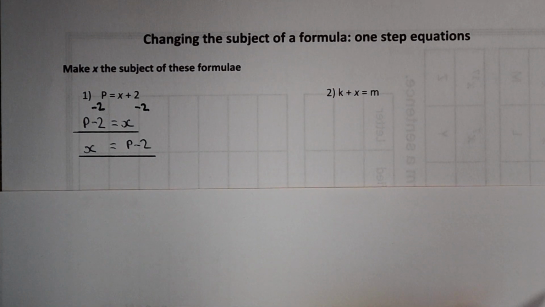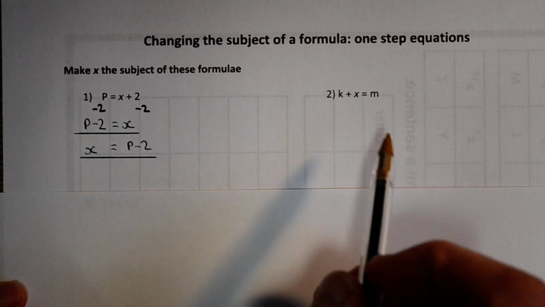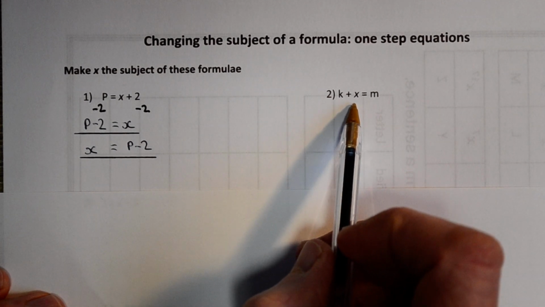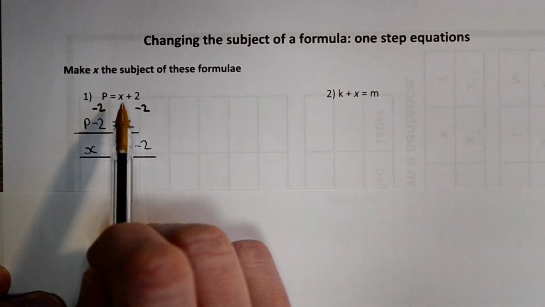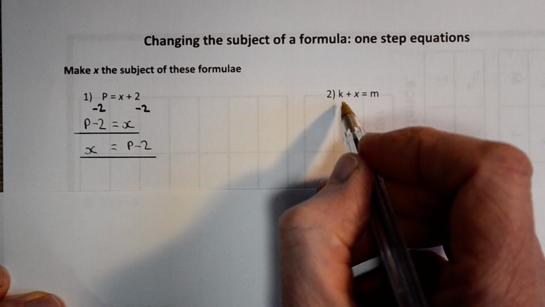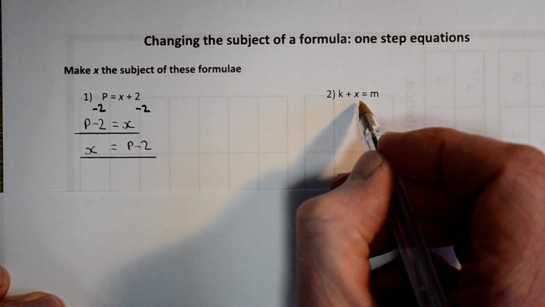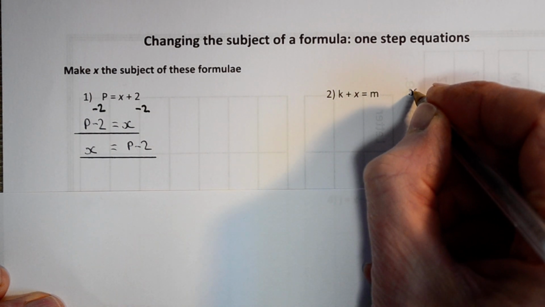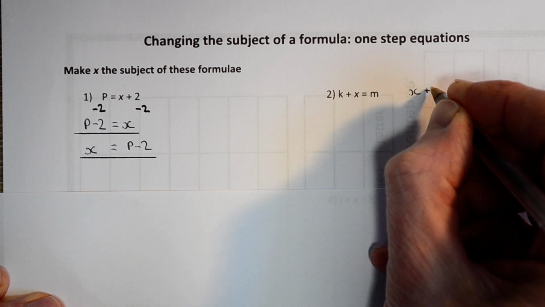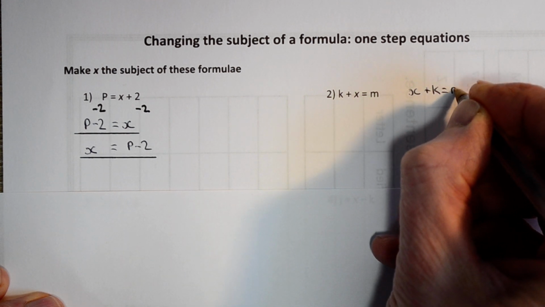Let's look at our second example. Here we've got, instead of a number, we've got a letter added to x. Now on the first example we had x plus 2, and here we've got the k first and then the x added on afterwards. But remember that if k plus x is m, then x plus k equals m. It's commutative.